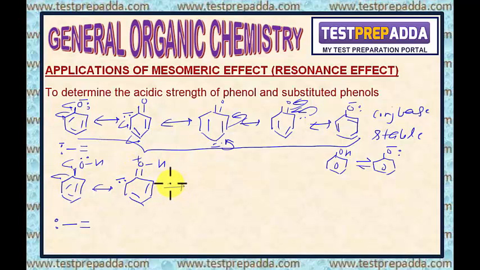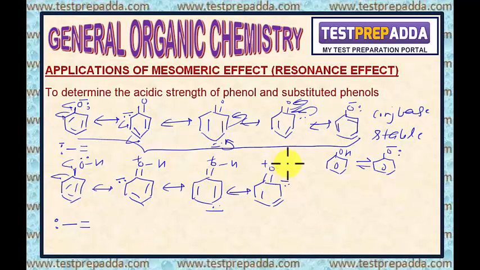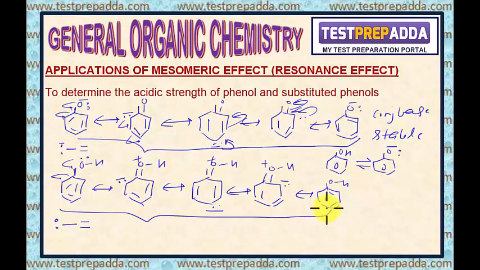Let me write all resonating structures first. So these are the 5 resonating structures of phenol.